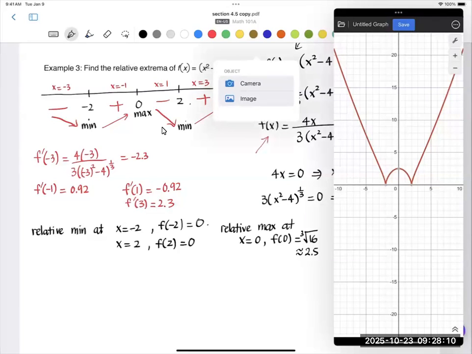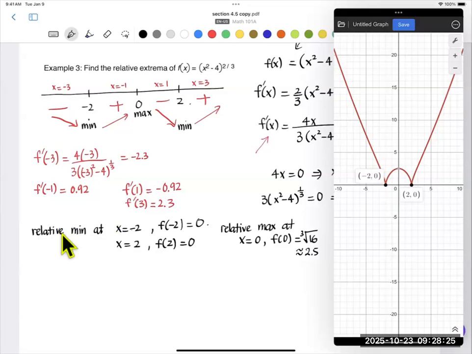You have the local min, the relative min at x equals negative 2, which is this point right here, and the y value is 0. And at x equals 2, the y value is 0. So you have the relative min or local min at these 2 points. And then you also have the relative max at this point, which is 0 and 2.5.